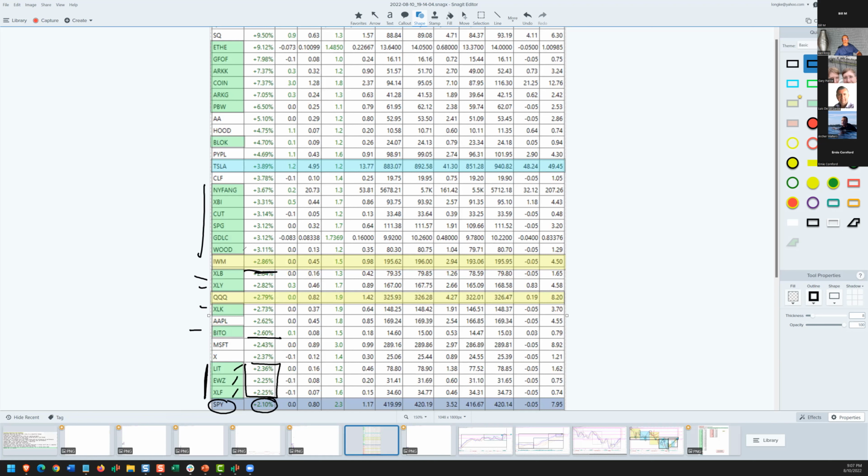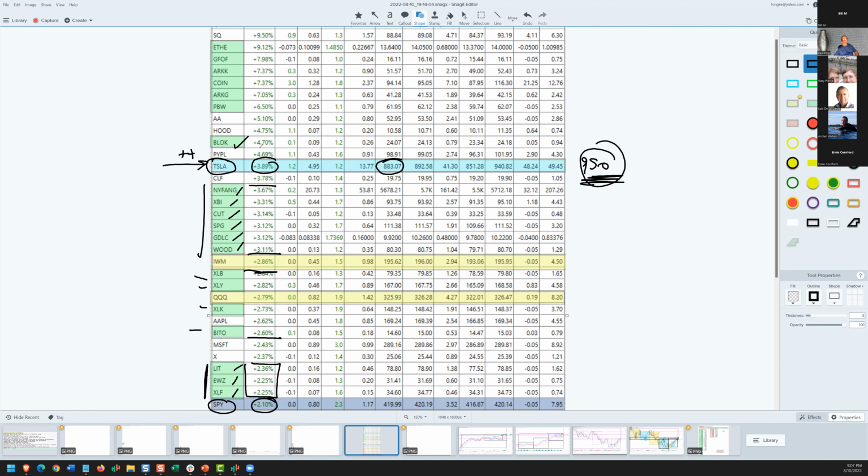Then a nice cluster of wood, blended large cap crypto, commercial real estate, the other lumber, biotech, and FANGs up to 3.67. Really nice move in Tesla today at almost 4% to close at 883. It's still got another 8% to go to get to the key price level of 950, which was where it surged to last time. So there's still more room for Tesla to go.